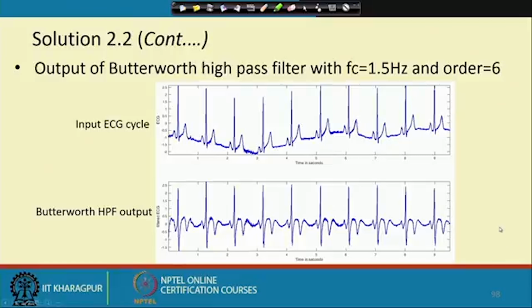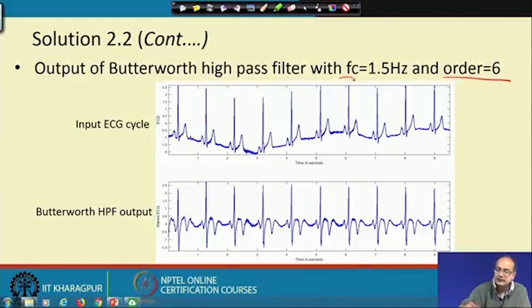So, next another attempt is made with the filter order kept at 6 and the cutoff frequency 1.5. In this case, the baseline artifact is removed, but probably because the cutoff frequency is increased, we are losing part of the signal strength also.